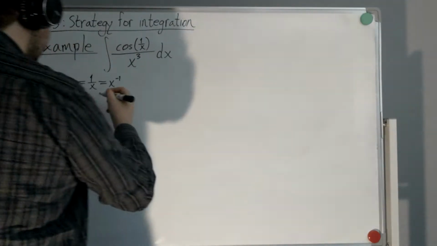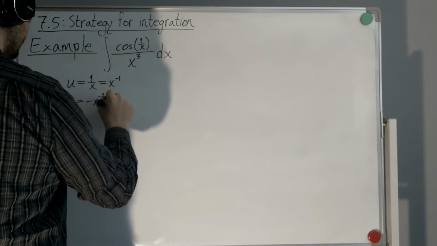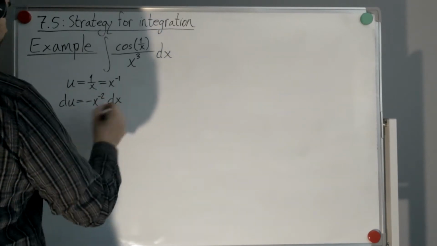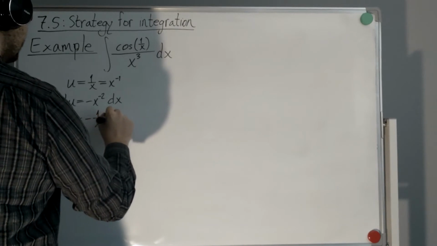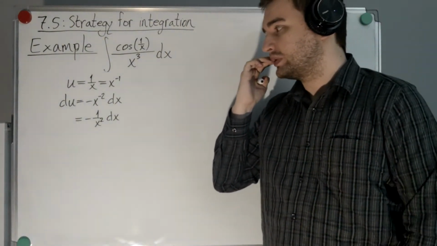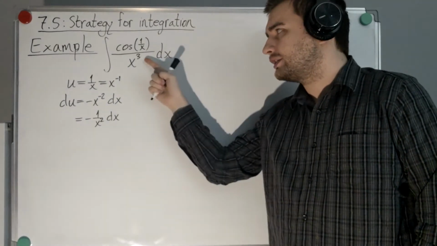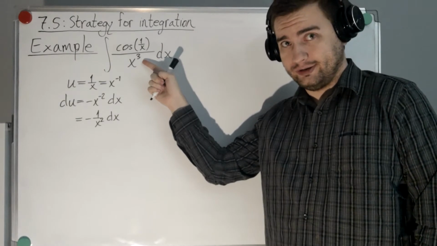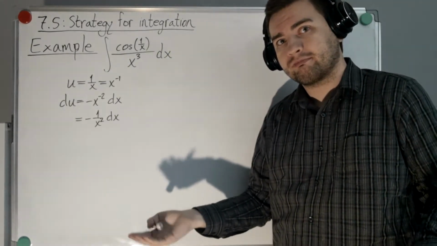So then du is negative x to the negative 2 dx, which, by the way, is the same as negative 1 over x squared dx. Alright, that's great and all, but that's an x cubed, not an x squared. So how will you take care of this?